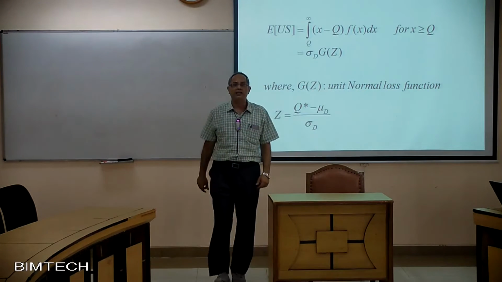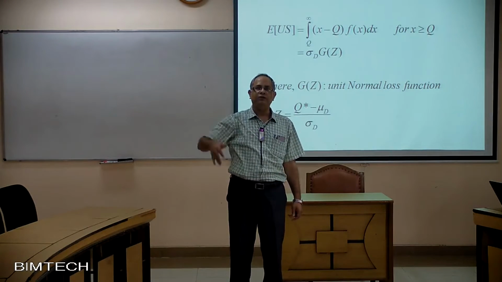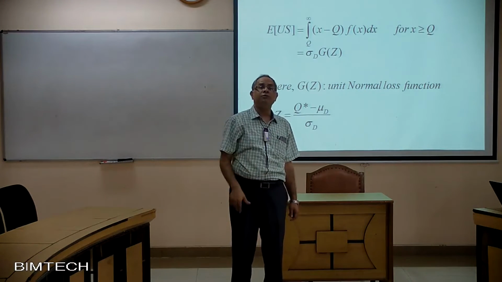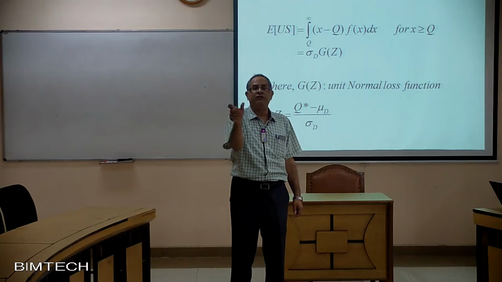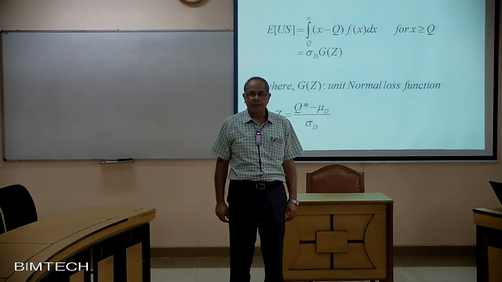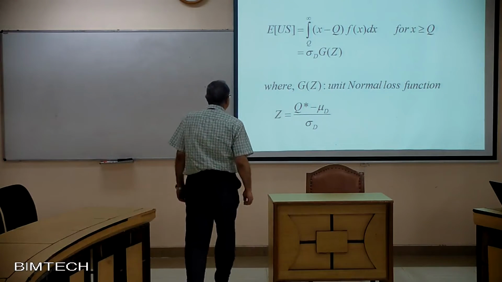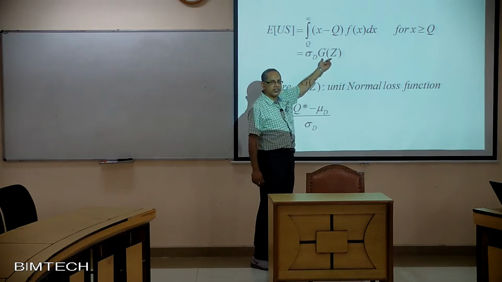They give you one column with the values of z, and the next column gives you g(z), so if you have the value of z, you can find g(z) by just consulting the table. So what we are saying is that this is nothing but sigma d times g(z).